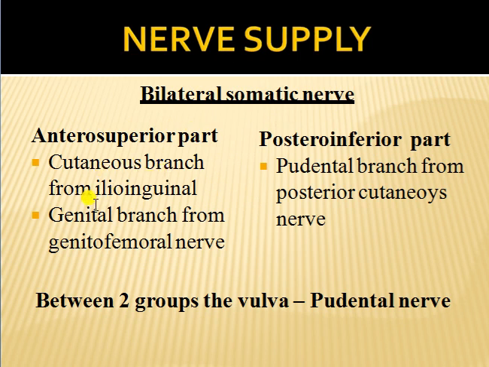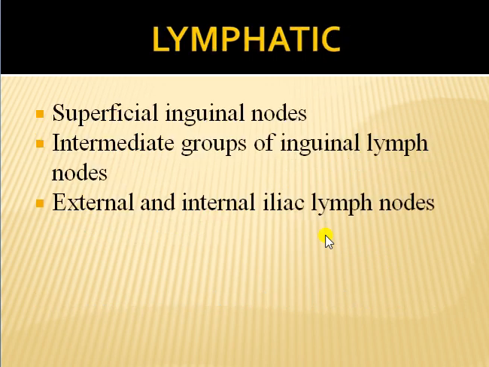Cutaneous branch from the ilioinguinal, genital branch from the genitofemoral nerve, and pudendal branch from the posterior cutaneous nerve. Between the two groups, the vulva and pudendal nerve. Simply we can call it the pudendal nerve.